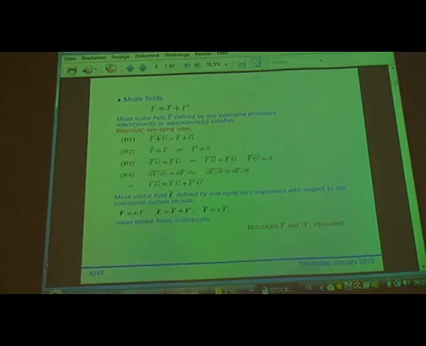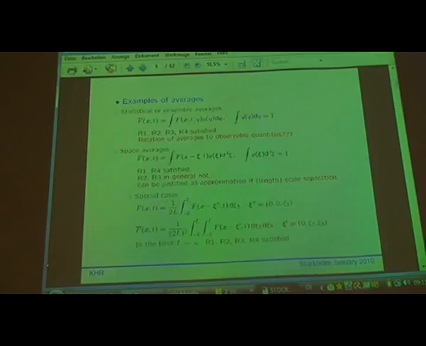R3 is: the average of f bar times g is f bar times g average. And the fourth rule is: the average of df over dx equals d of f average over dx, and so on. Okay, I give a few examples.